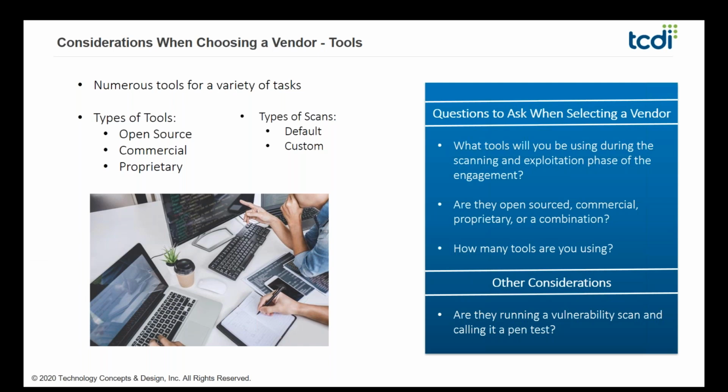When you're choosing a vendor and you're evaluating maybe a few different vendors, there's certain questions you want to ask, and these may not be the exact questions you'll ask every vendor, but depending on your program and the goal for your vulnerability management program, you may want to ask things like, are you using a combination of open source and commercial and proprietary tools, or are you strictly open source?